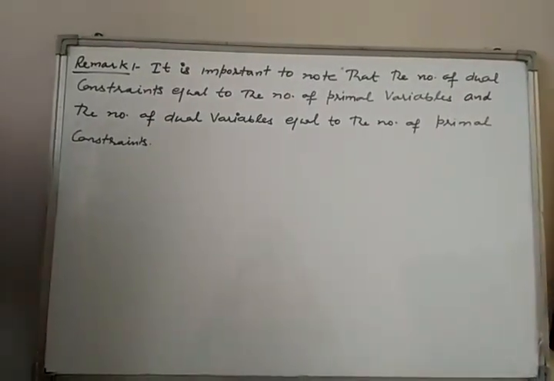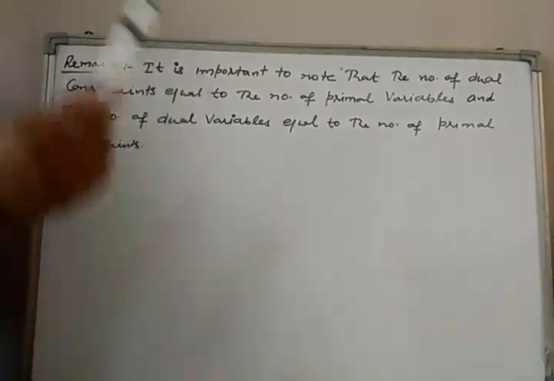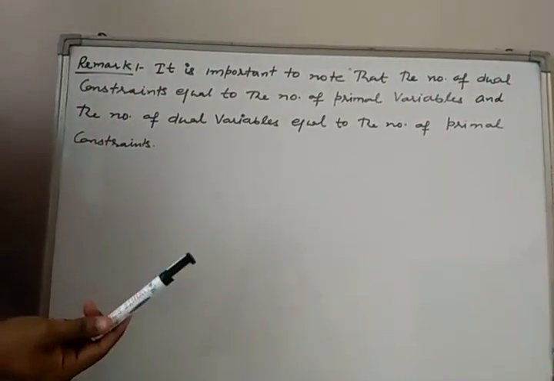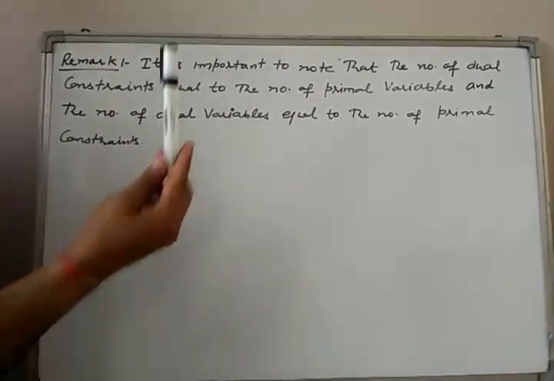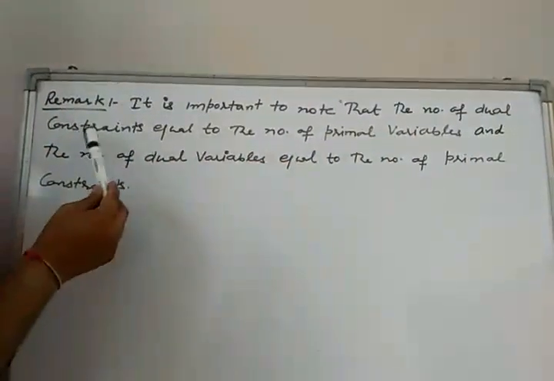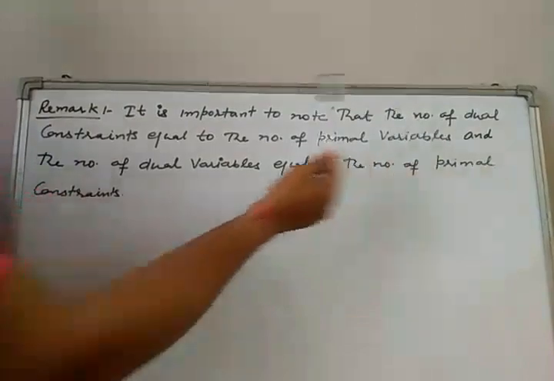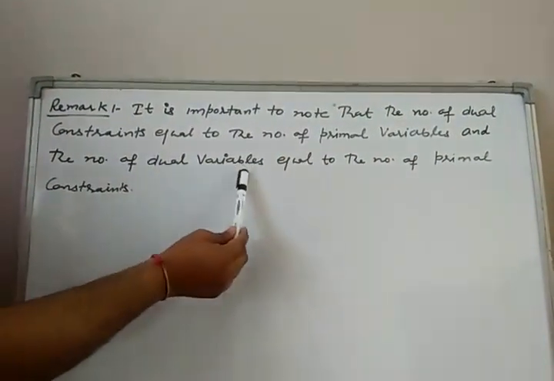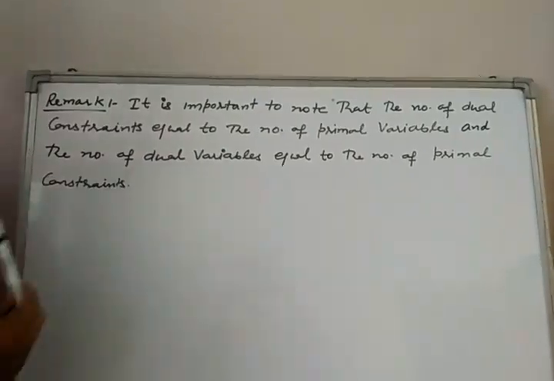It is important to note that there is a relationship between the primal constraints and dual variables, and primal variables and dual constraints. What is that relation? That relation is that the number of dual constraints equals the number of primal variables, and the number of dual variables equals the number of primal constraints.